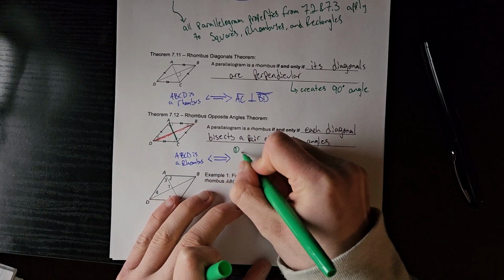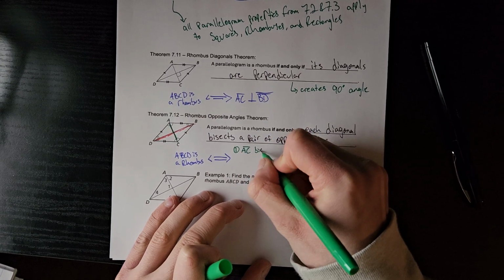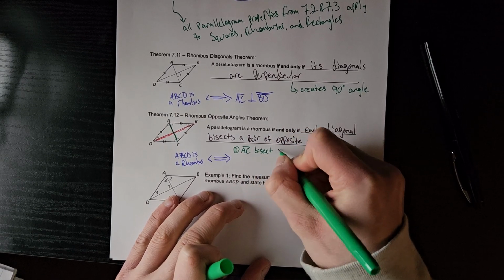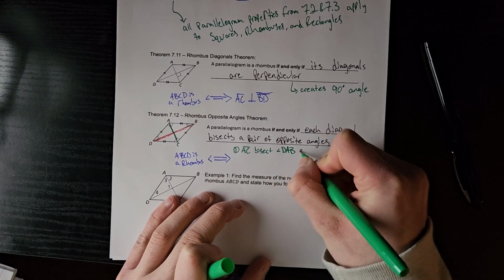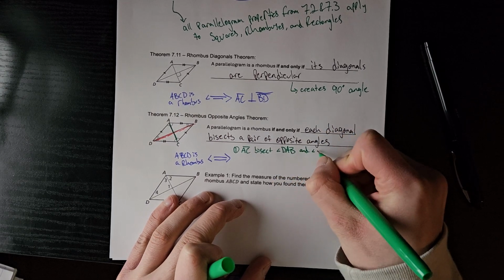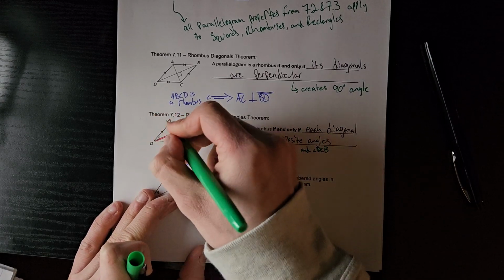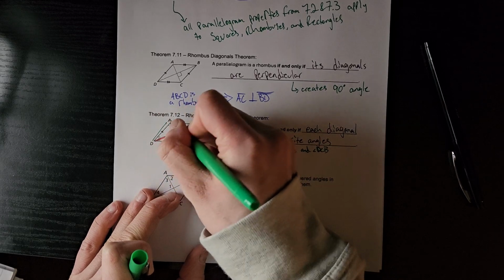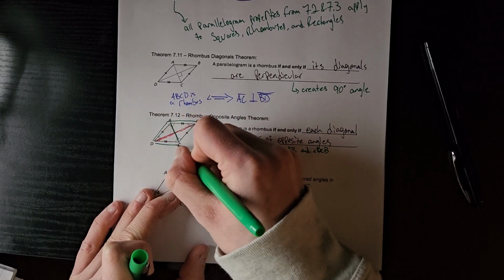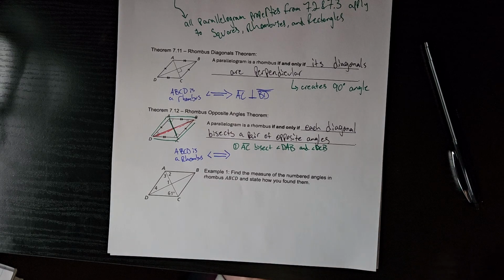One, that segment AC bisects angle DAB and angle DCB. So the green line bisects these two angles. That's what it's bisecting.